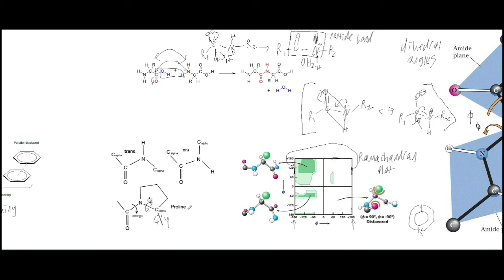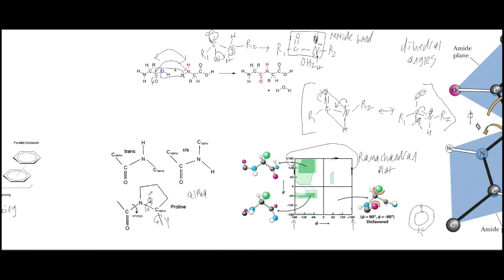And so proline has some of its own properties as far as how it behaves in a protein. We'll talk about that more in the next video. It's known as an alpha helix killer.